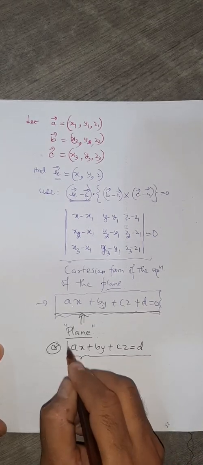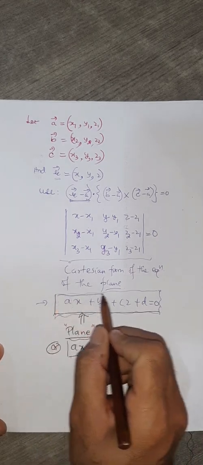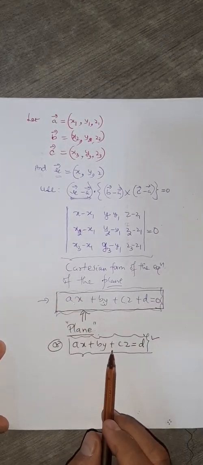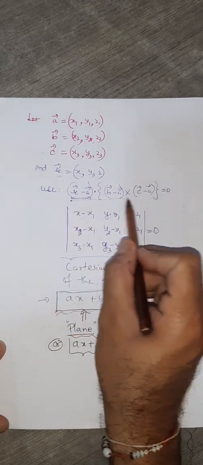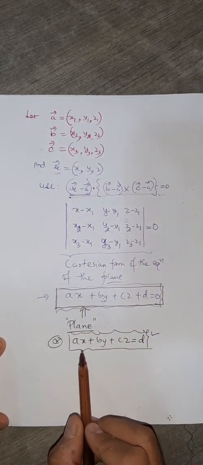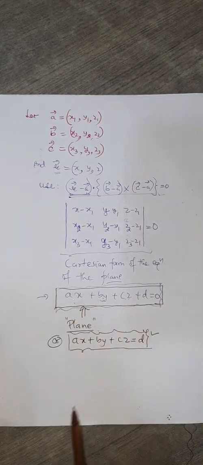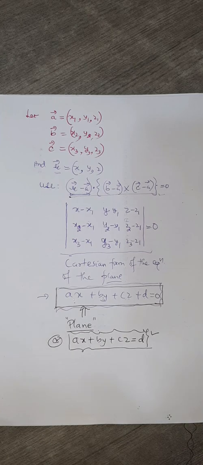Both are the standard commonly used forms in Cartesian coordinates, remember. This is a vector form, as I mentioned earlier. This is the Cartesian form: ax plus by plus cz plus d equals 0.